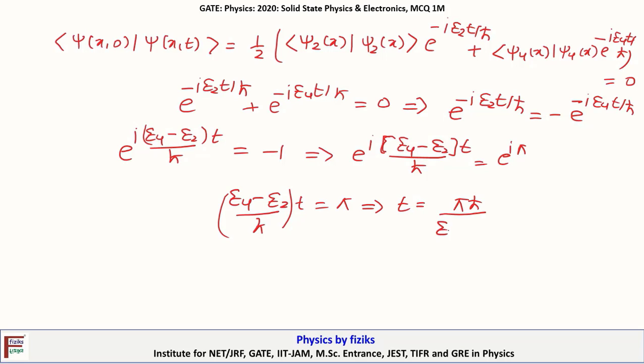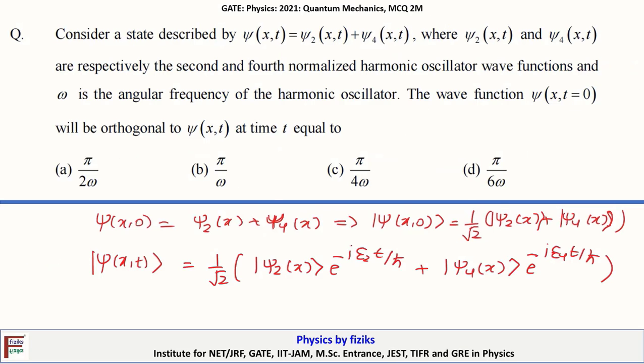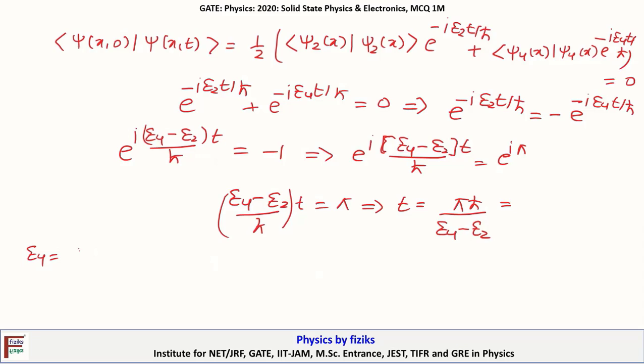Now for a one dimensional harmonic oscillator, E4 would be (4 plus 1 by 2) h cut omega and E2 would be (2 plus 1 by 2) h cut omega.